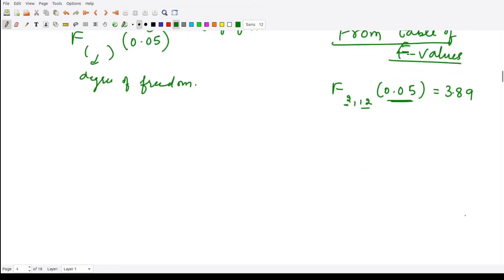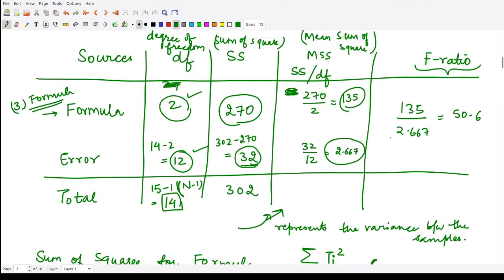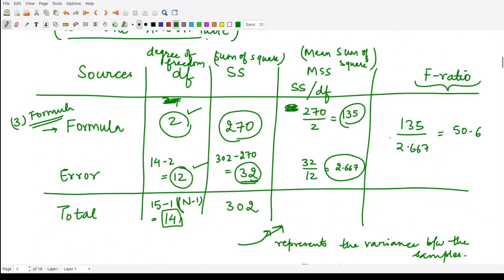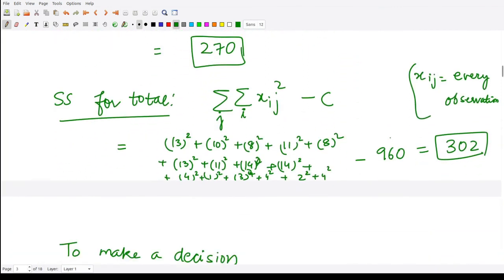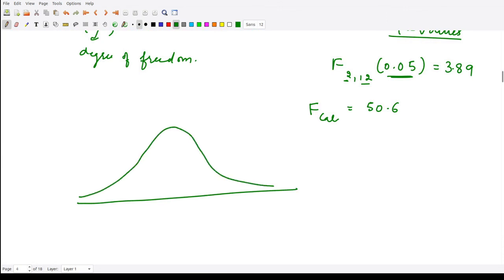And our calculated value, F calculated, is equal to 50.6, right? This we have just calculated in the given table. It is 50.6, the F ratio. So in order to make a decision, how do we make a decision here? We'll make our distribution like this, the normal distribution. So this is your 0 level, and at 5% level of significance, this is our critical region.